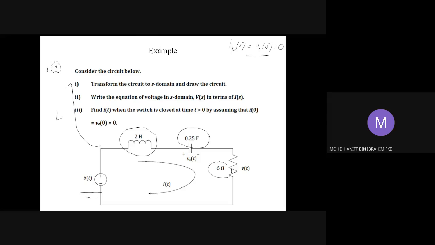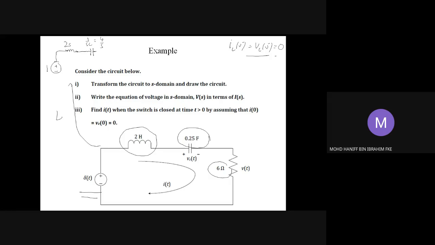Then for the 2 henry inductor, it should be 2s, because in the S domain the inductor impedance is SL. For the capacitor, we have 1 over SC, and since C equals 0.25, that equals 4 divided by s for the impedance of the capacitor.